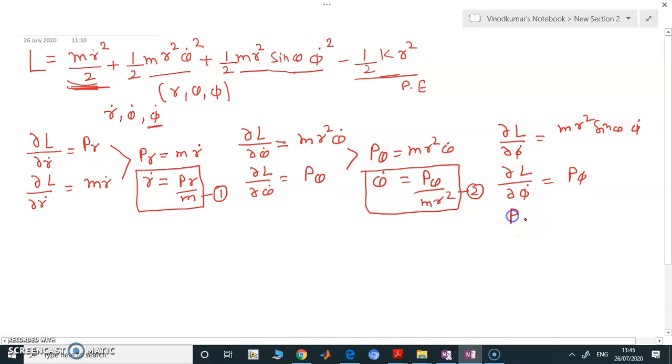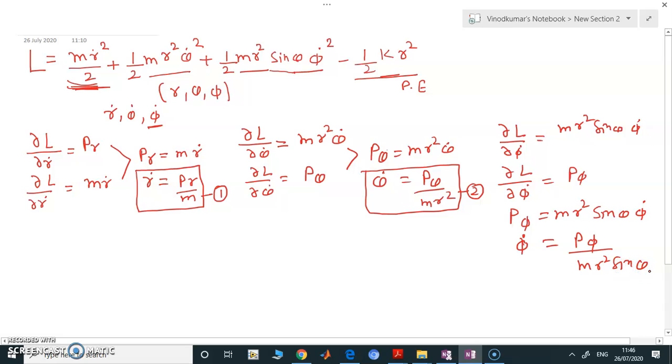So from here p phi is m r square sine square theta phi dot. So our phi dot will be p phi upon m r square sine square theta.